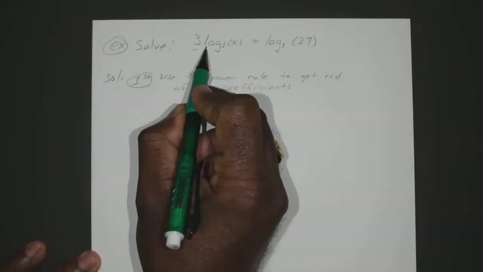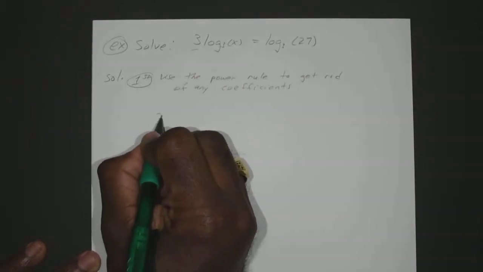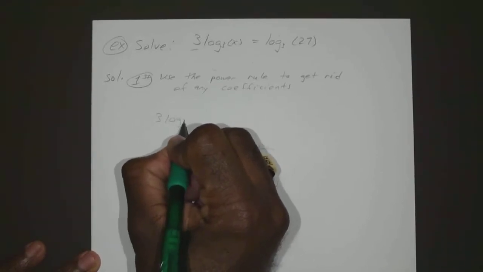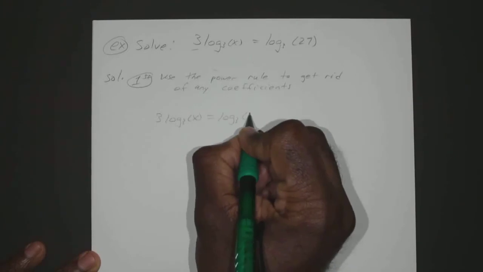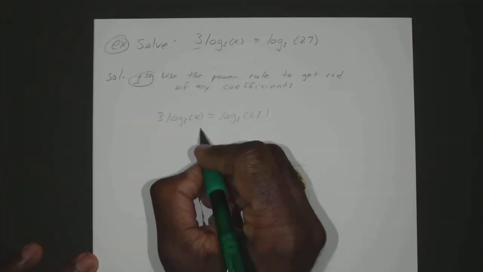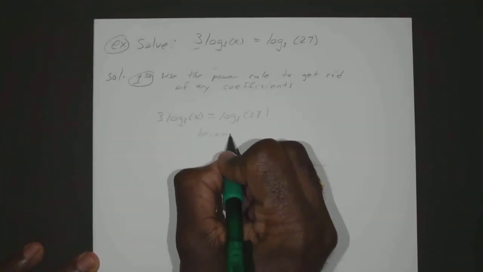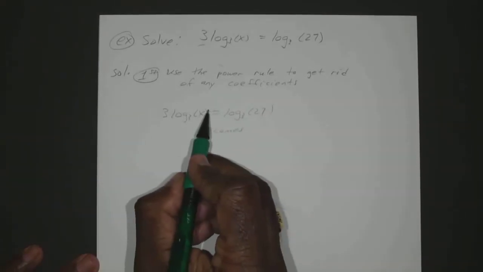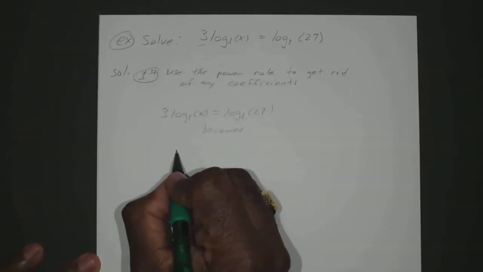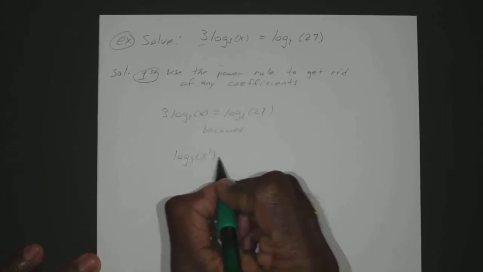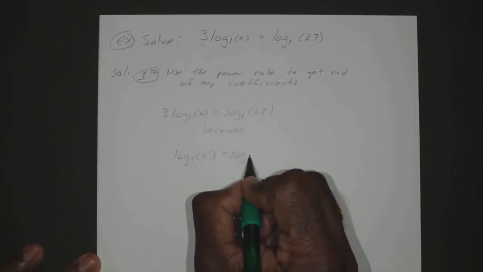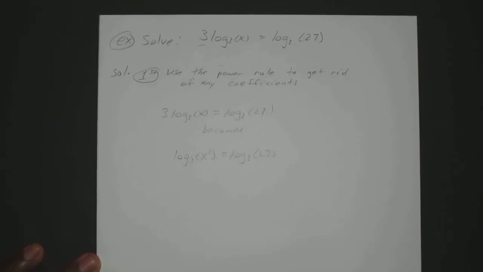So that means our 3 times log base 3 of x equals log base 3 of 27 will just become, that 3 goes to the exponent. So it's log base 3 of x to the third equals log base 3 of 27.